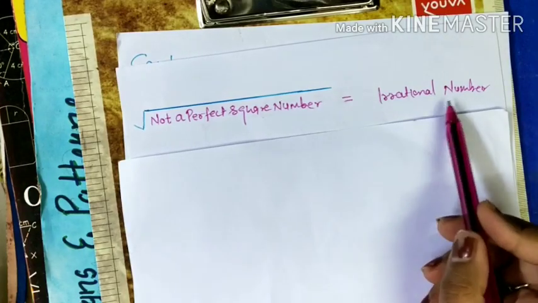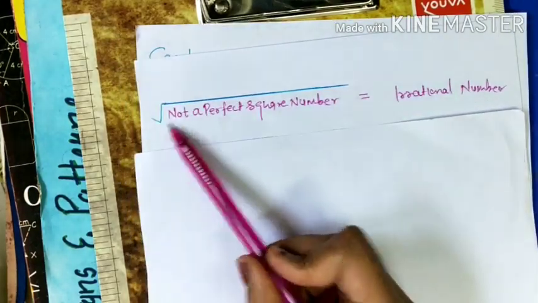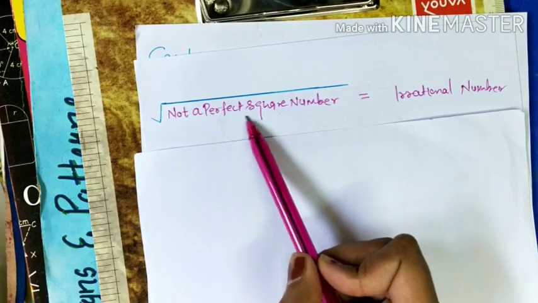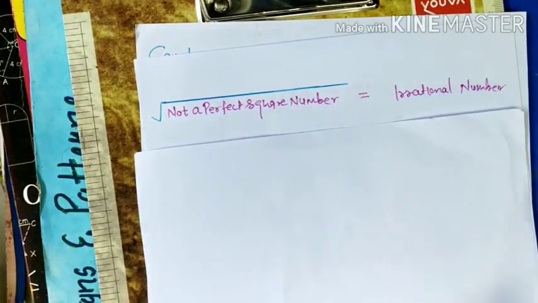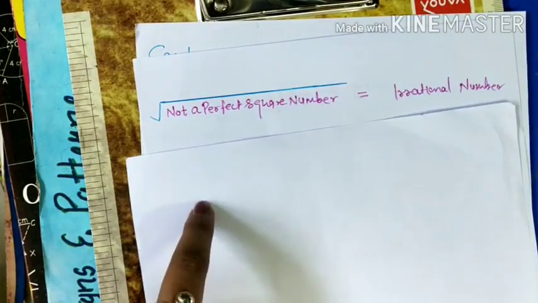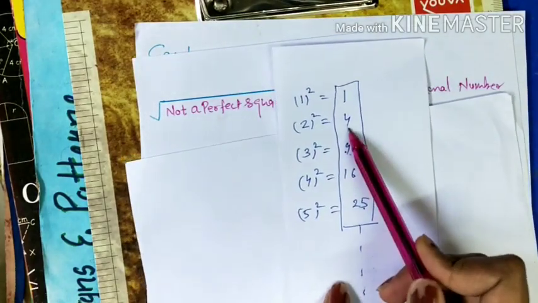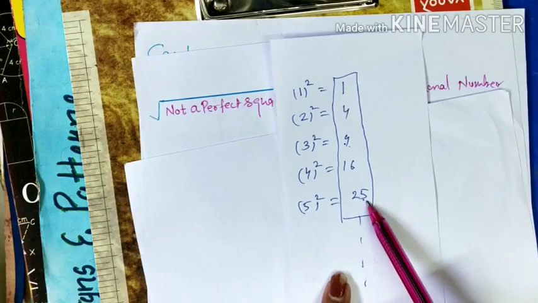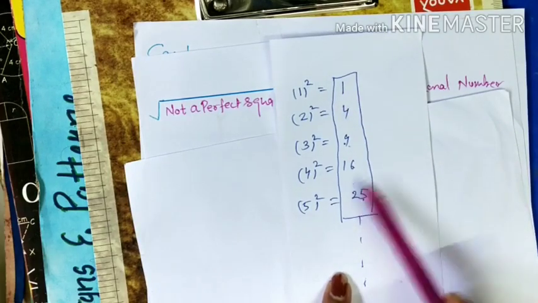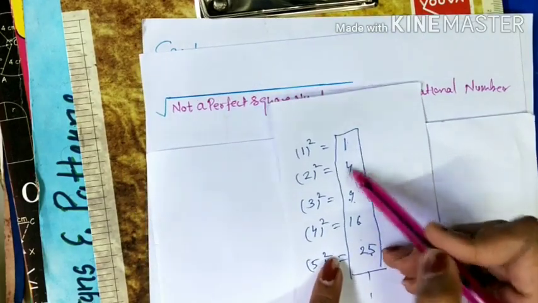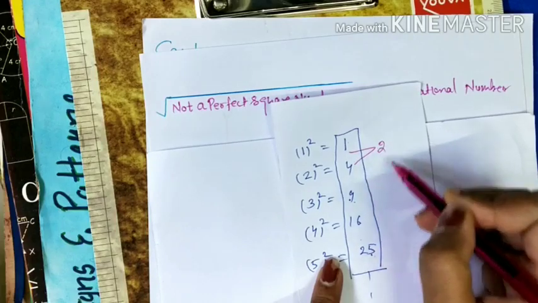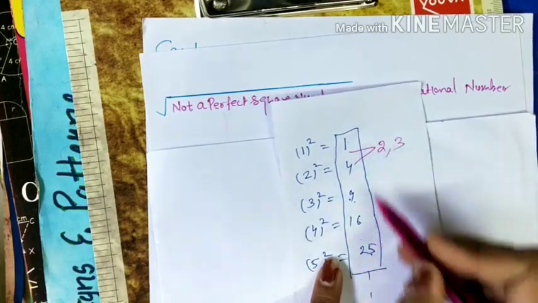Let's move to irrational numbers. Under root of a non-perfect square number is always an irrational number. Now what is a non-perfect square, children? As you know, 1, 4, 9, 16, 25, all these are perfect squares. Numbers between 1 and 4 are 2 and 3.